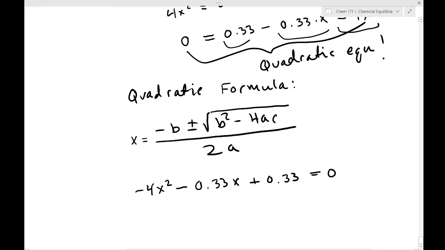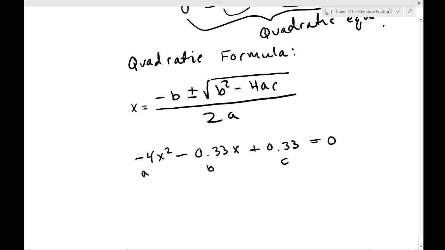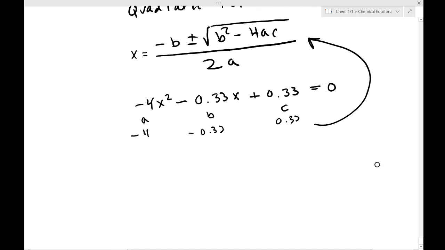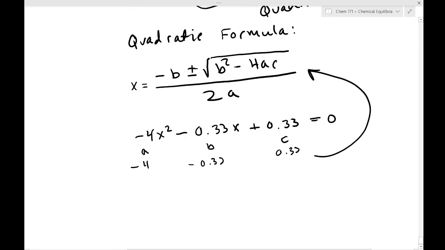That's how you usually write the quadratic equation, and then you can write the prefactors as a, b, and c. So a in this case is equal to -4, b is equal to -0.33, and c is equal to 0.33. You can plug those into the formula and you're going to get two answers, either the case where you have the plus, or the case where you get the minus.